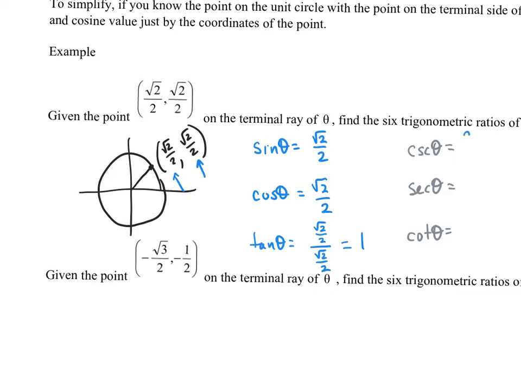So cosecant is 2 divided by root 2, which if I rationalize is just root 2. Secant is 2 divided by root 2. Again, if I rationalize, I get root 2. And the flip of 1 is 1. So once you know sine and cosine, you can divide those to get tangent, and you can flip them to get cosecant, secant, and cotangent.